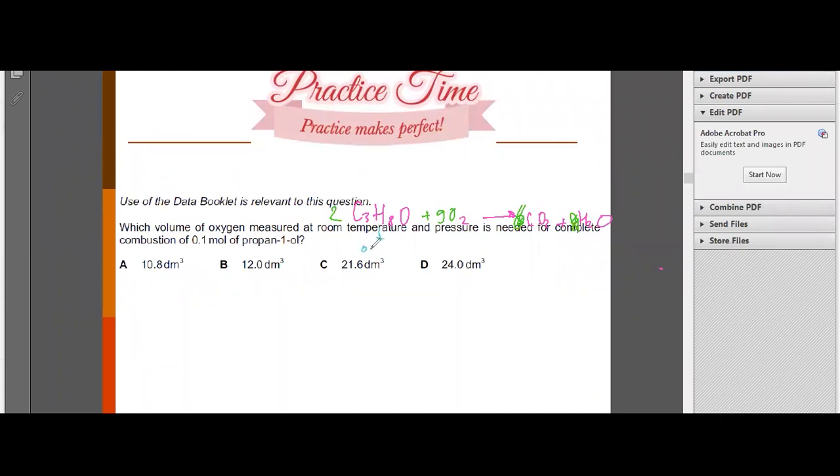This is 0.1 mole, so the moles of oxygen is 9/2 times 0.1, which is 0.45 moles. At RTP, the volume is moles times 24. Use your calculator. It gives you A as the answer.